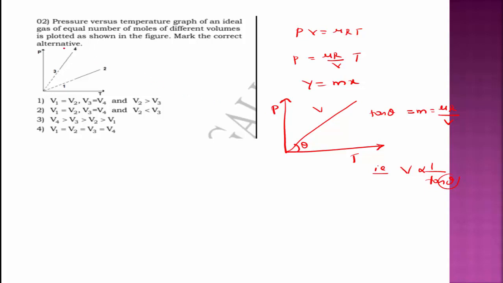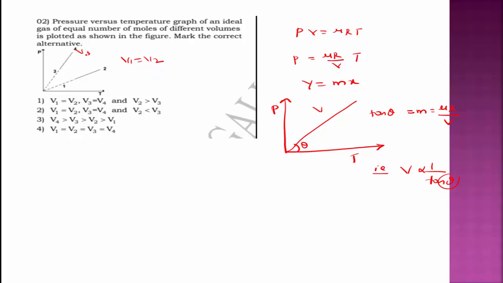For this given problem, in this figure, points 1 and 2 are on the same line, so they represent the same volume, that is V1 is equal to V2, and similarly points 3 and 4 are on the same line, so they represent the same volume.